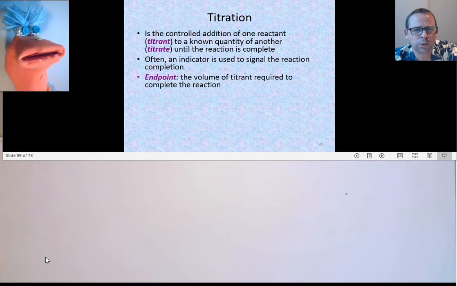And one of your reactants you know the concentration of, while the other one you don't know, and you're going to use your known to identify the concentration of the unknown. That is a simple definition of a titration.